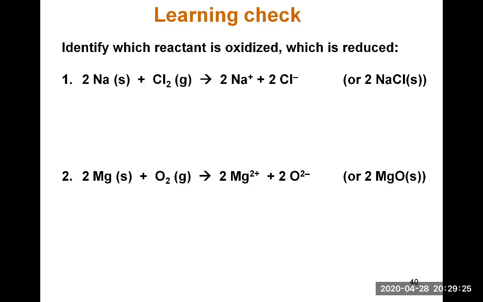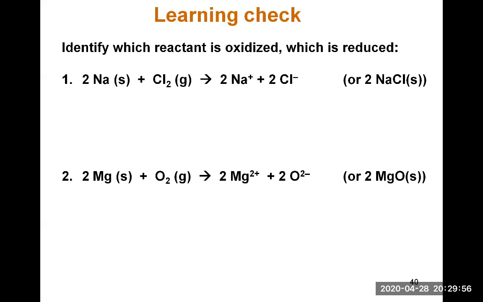When you make them react, they become Na+ and Cl-, the sodium ion and the chloride ion. Of course, because we have a cation and an anion, when they are together, they make the salt NaCl, right? Na+ and Cl- together make NaCl, the salt.